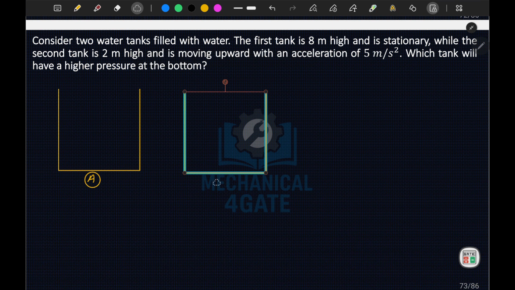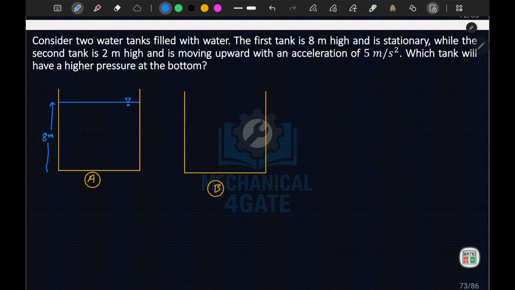So this is your tank B, and it is given that the water level in tank A, the first tank, is 8 meter high. Let's say this is your water level, and this height is your 8 meters.